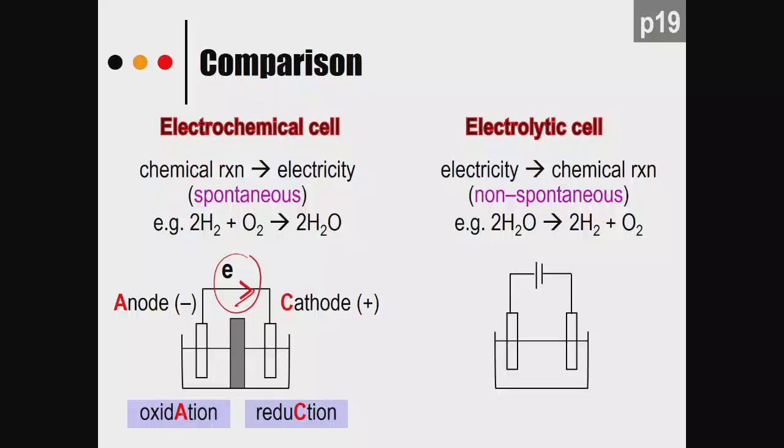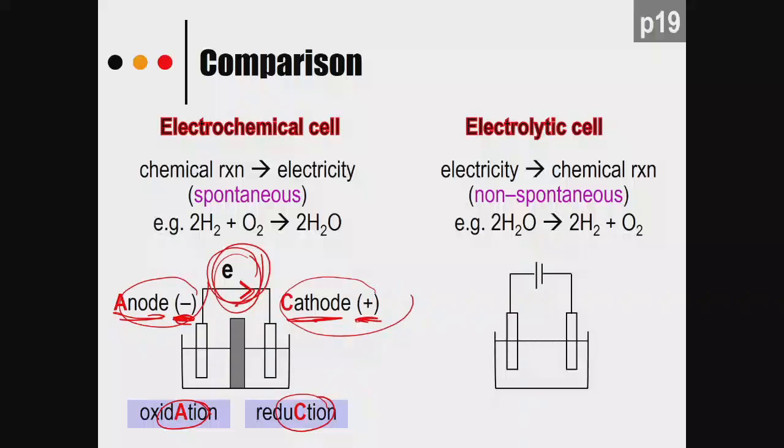Because this half cell is oxidation, it will be assigned as an anode. This half cell is the reduction, so the electrode is assigned as a cathode. And how do I assign polarity? I look at the direction of the electron flow. Electron flows from the negative to the positive. So once you have decided the direction of electron flow, you realize that this one is negative, this one is positive. So for electrochemical cell, your anode is the negative one, cathode is the positive one.